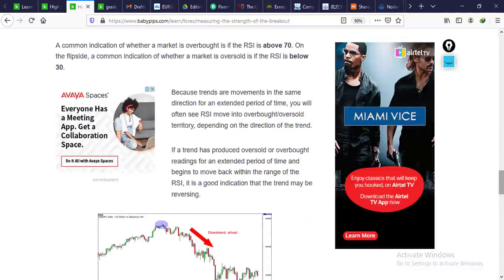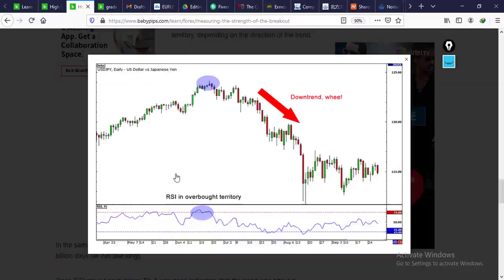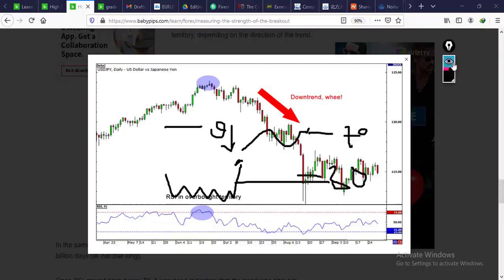Because trends are movement in the same direction for a given period of time, you will often see the RSI in the overbought or oversold region. So if a trend has produced oversold or overbought readings for an extended period of time and begins to move back within the range of the RSI, it's a good indication that a reversal is imminent.